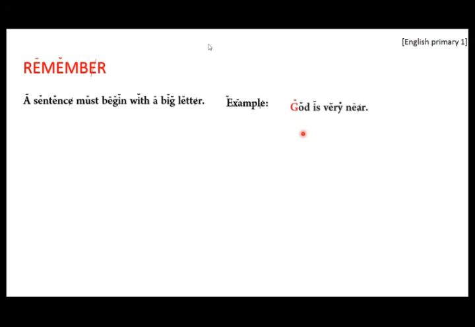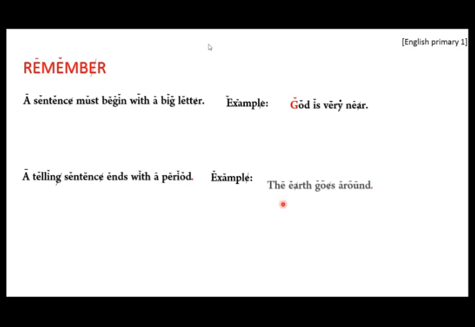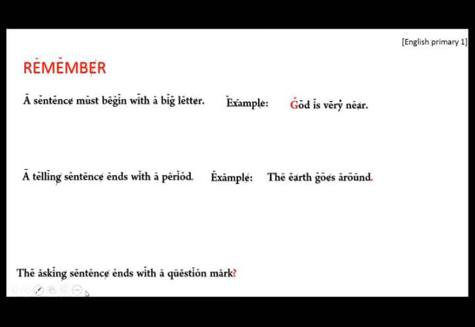Example, God is very near. A telling sentence ends with a period or full stop. Example, the earth goes around, period. The asking sentence ends with a question mark. Example, what is your name?